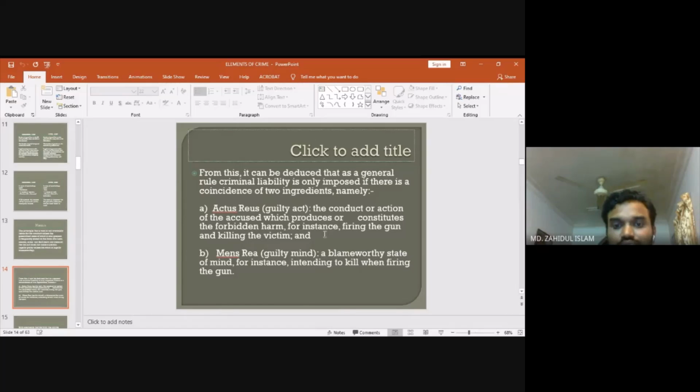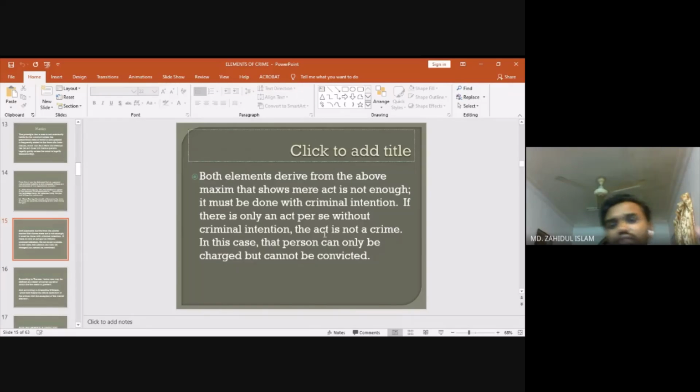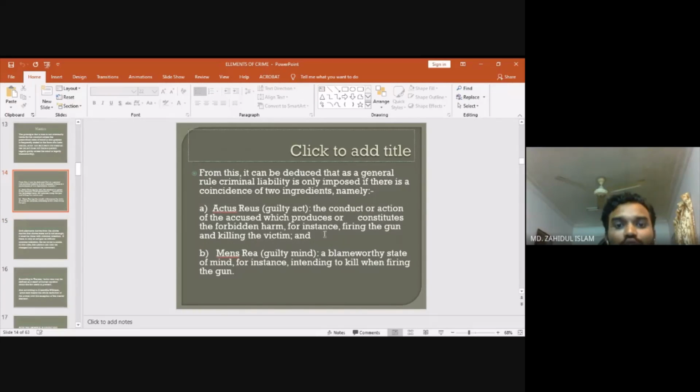The provisions of the penal code, not all of them mention mens rea. But you have to prove mens rea. If you want to prove someone committed a crime, you have to prove mens rea and actus reus. But some sections very clearly mention the existence of mens rea.